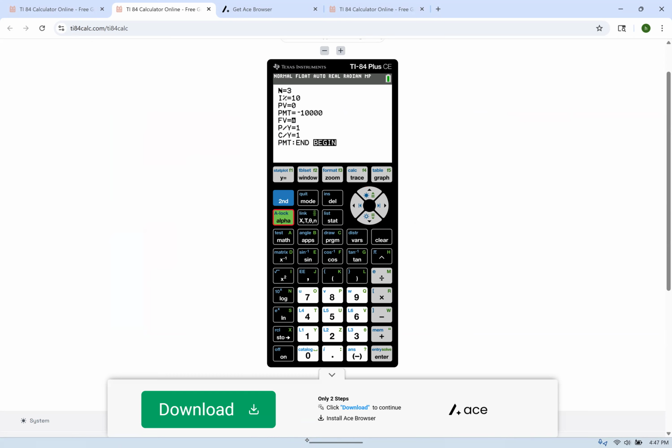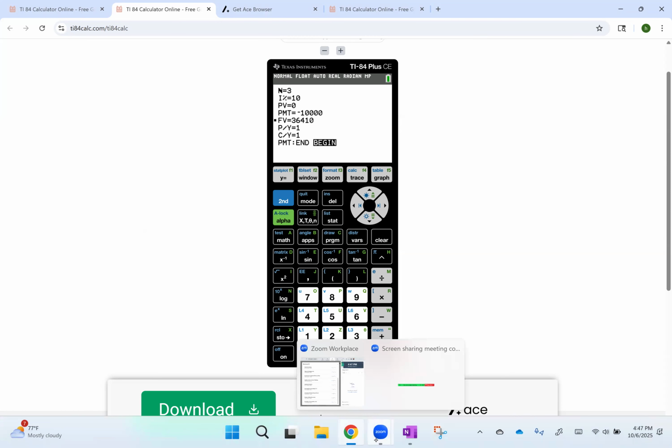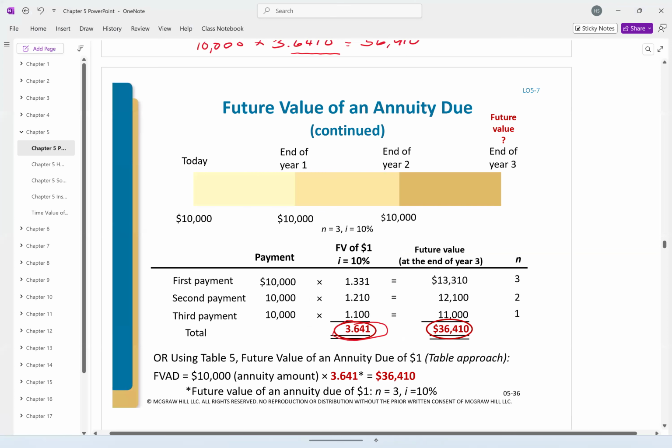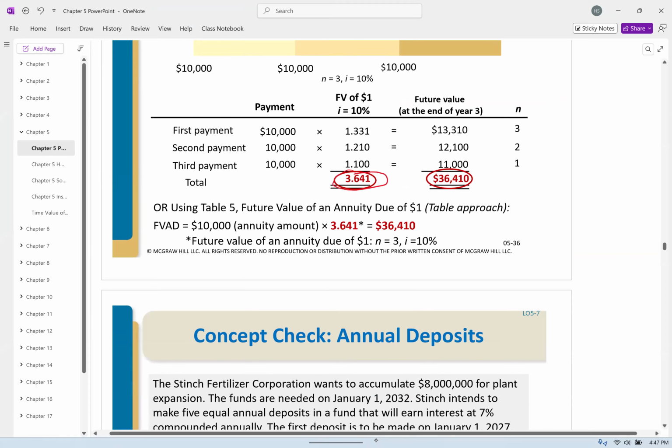And we will hit alpha, enter, and that's the exact same number that we got with our calculator and with the table. So those are all the same. I'm just really showing you a lot of different ways that you can go about solving these. And hey, if you got 2 different ways you can solve it, do both. That way you make sure you get it right on the test.